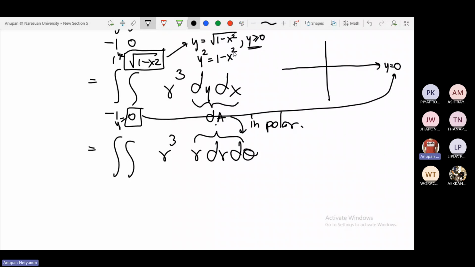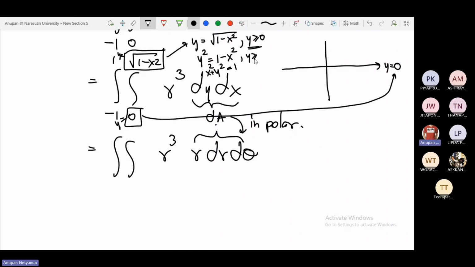See? Then, if I move this x to this side, let me change the order of writing, I have x squared plus y squared equal to 1. And under the condition that y is greater or equal to 0.